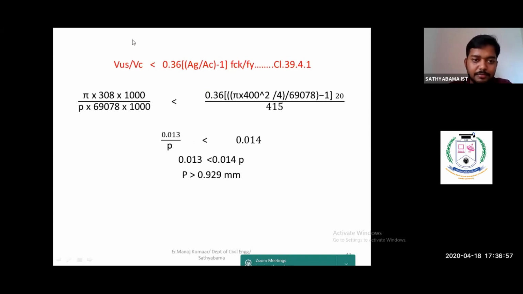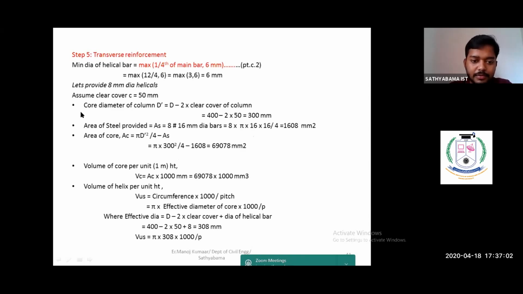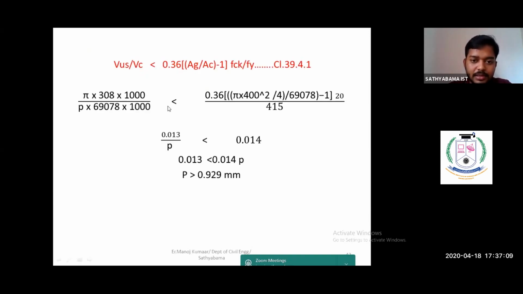Now substitute the value of Vhs here, pi into 308 into 1000 divided by p, and the volume of core concrete is 69078 into 1000, and less than 0.36. Ag is the gross area of column, that is pi into 400 square by 4, divided by area of core concrete, that is 69078, minus 1, into 20. 20 is fck, divided by fy 415.